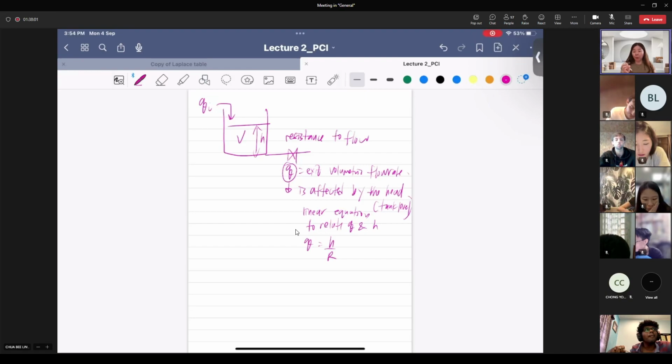If the equation is not given, we will be using the linear equation. The higher the tank level, the faster the exit flow rate. So the equation will be Q equals H over the resistance of the valve. The resistance of the valve will be given.